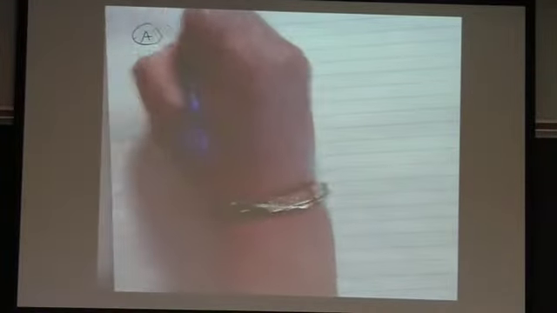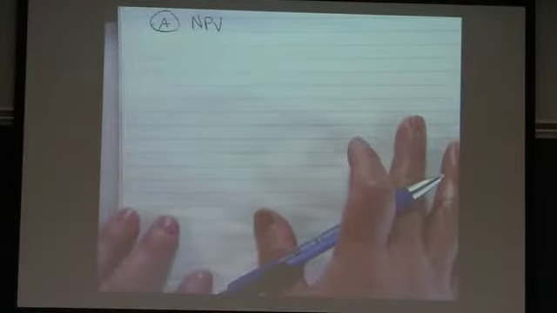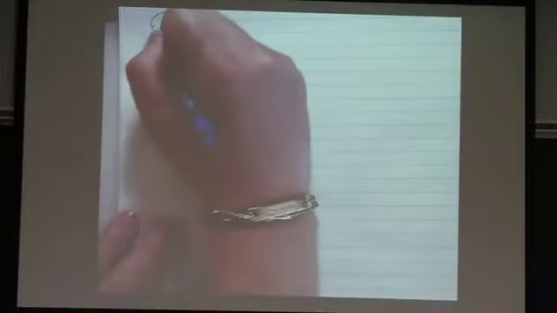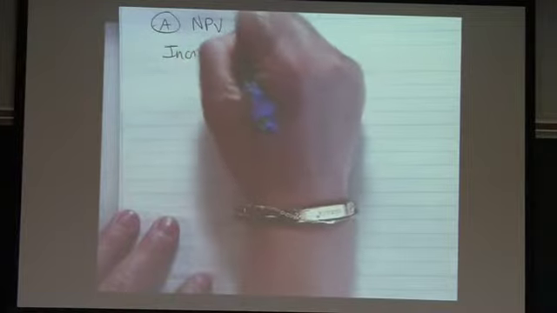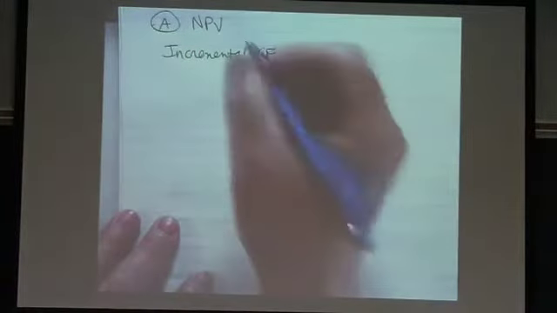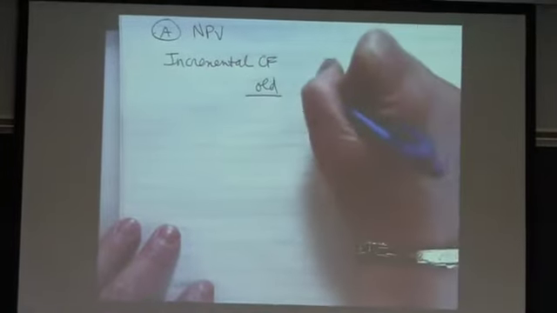So in calculating NPV, we want to look at the incremental cash flow. The first thing you want to do is evaluate the incremental cash flow. What I like to do is show the old versus the new.